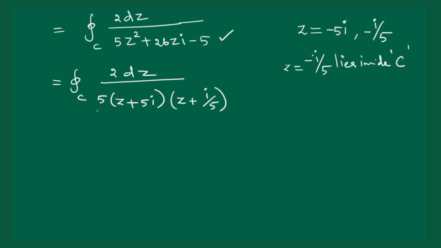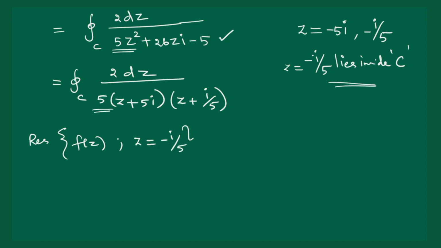Please don't miss this 5, because the coefficient of z square is 5 here. Now we have to consider the poles which lie inside the circle. Already we have identified that z equal to minus i by 5 lies inside the curve C, whereas minus 5i doesn't. So here we have to find out the residue of the function f of z at z equal to minus i by 5.